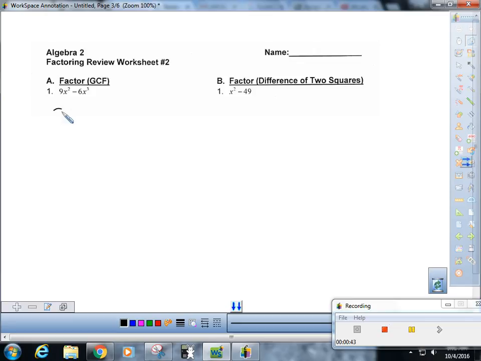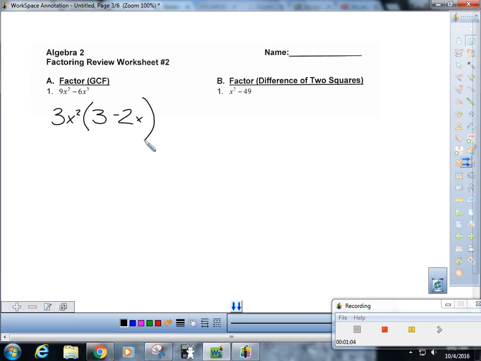Now, both of these contain a 3, and both of them contain an x squared. And what we have left, 3x squared times what is 9x squared? 3. Remember, we're like undistributing in these. 3x squared times what is, well, it's going to be a negative 2, but we need one more x. Okay, so that's the answer to number 1.